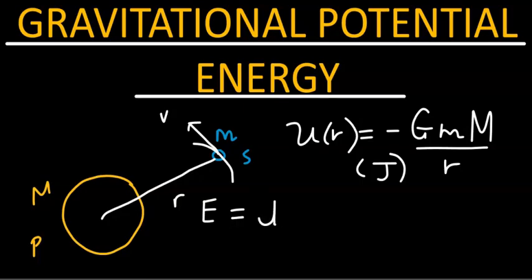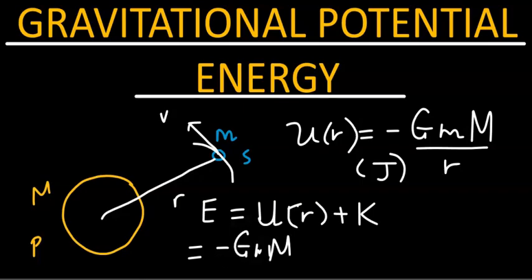One is the gravitational potential energy that we have given above, and the other is the kinetic energy of that satellite. Thus we can write the total energy in the following form: minus G little m capital M over r plus half the mass of the satellite and the square of the speed of the satellite.